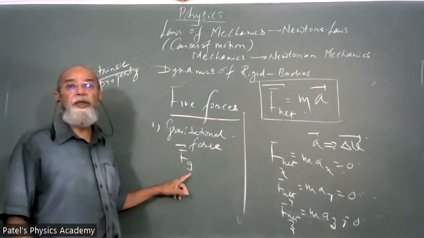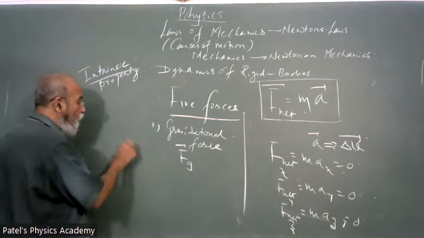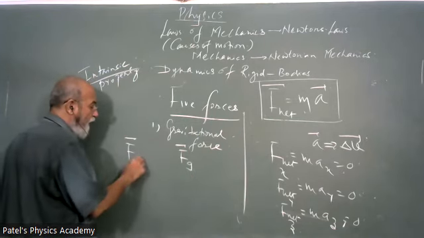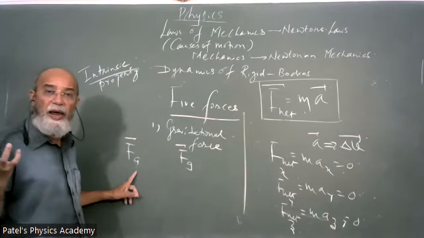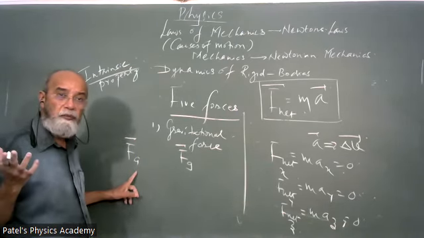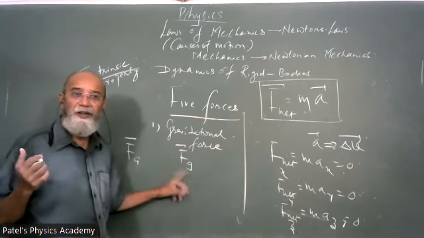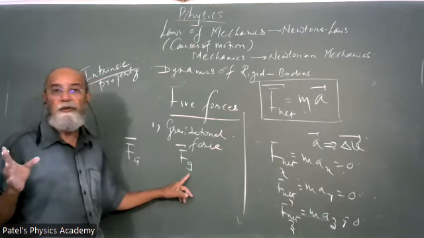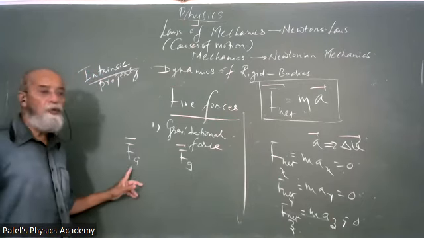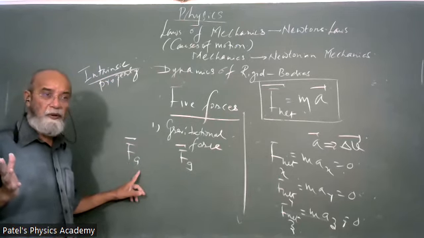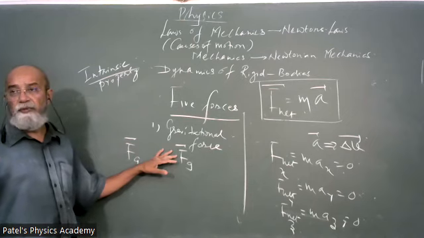The small g indicates we are on the Earth. If we use F with the capital G, it means we are on some other planet. This is also the gravitation, but we are not on the Earth. If we are somewhere on Mars or on the moon, we're going to use F with capital G. But it's the same force which we call gravitation.